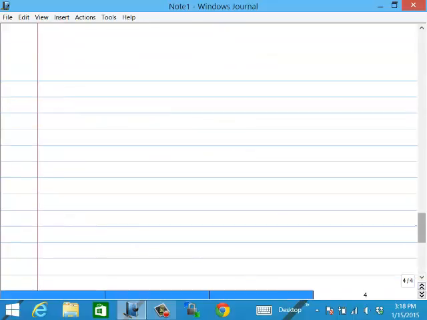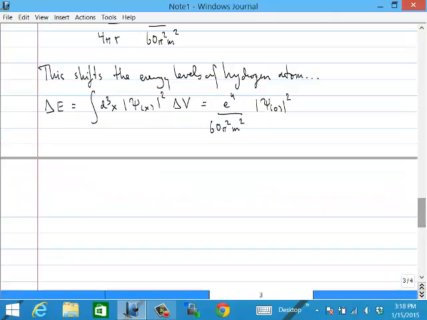So now I want to remind you what the wave functions of the hydrogen atom look like. The wave functions of the hydrogen atom are characterized by their angular momentum. The S-wave wave functions are those which have no angular momentum. P-wave have 1 unit of angular momentum, and so forth. And the only wave functions which have support at the origin are the S-wave wave functions, the ones with no angular momentum.